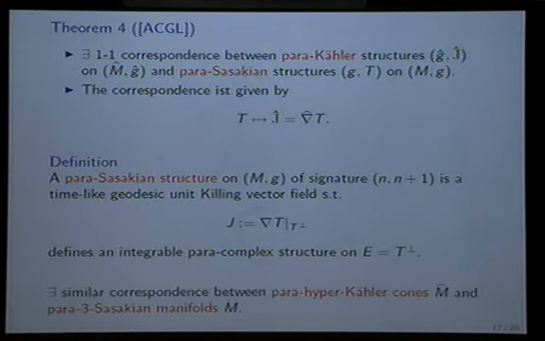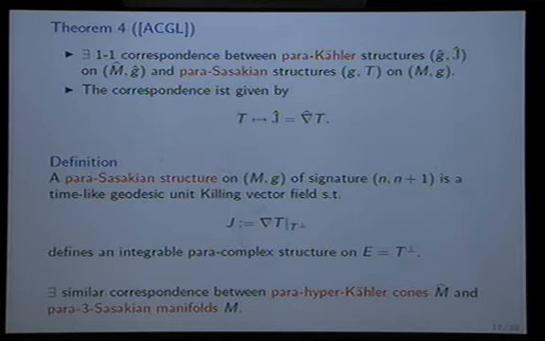And we have a similar correspondence between para-hyperkähler cones and para-3-Sasakian manifolds. So I think you probably know hyperkähler manifolds. These are Riemannian manifolds which admit 3 complex structures consistent with one metric.